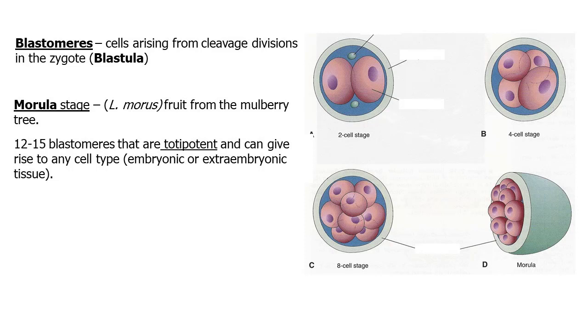If you could take those 12 cells and enzymatically digest them so they were individual cells, and you could put them into a culture, like with in vitro fertilization, each of those 12 cells would continue to grow and become an identical individual.